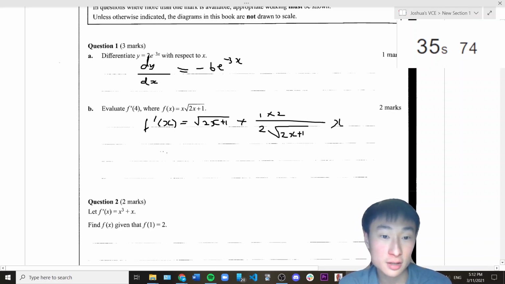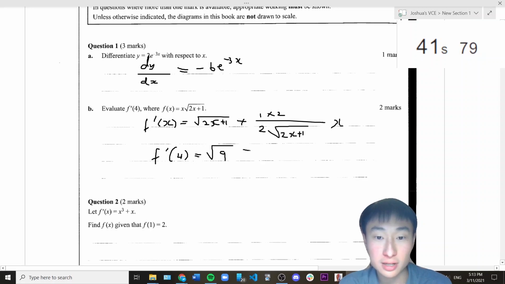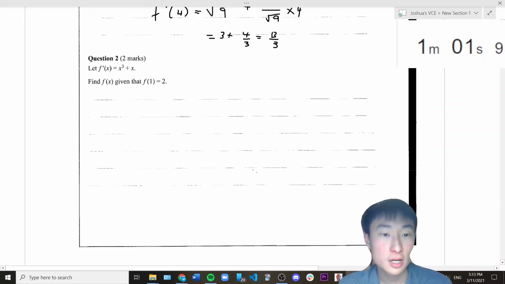And then I just sub in 4, and then I get root 9 plus, those two's cancel, so that's 1 over root 9 times 4. So that's 3 plus 4 over 3, which is 9 over 3 plus 4 over 3, 13 over 3. Cool, that should be right.